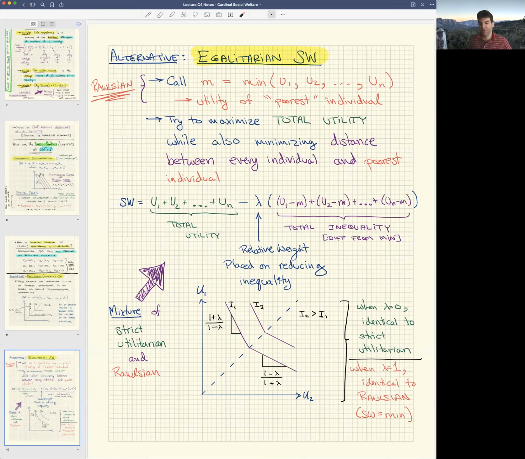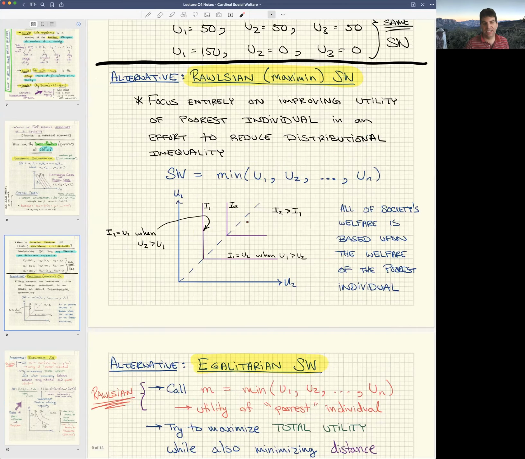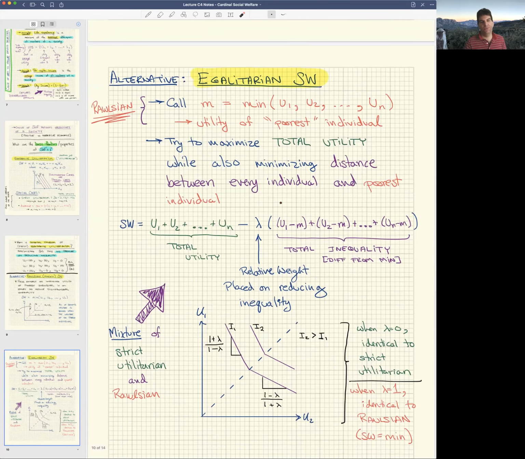Do I think policies will be better or worse if we use the Rawlsian utility function like up here? That is an excellent question, and that is a question for a normative economist. A normative economist might take the stance that it would be better if we use utility functions that strongly prioritize distribution, like the Rawlsian, and that when we're making decisions about climate change or whatever, that's the function we should use.